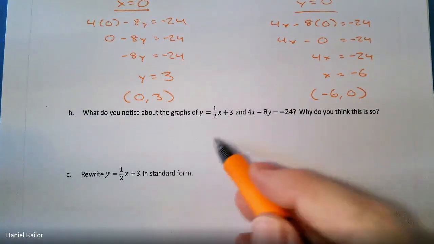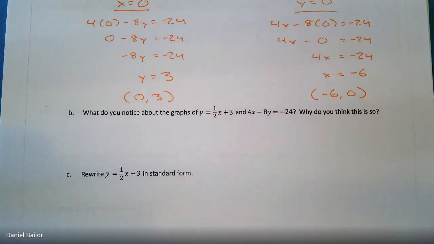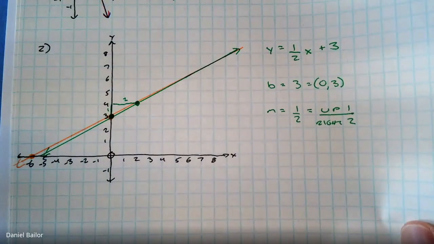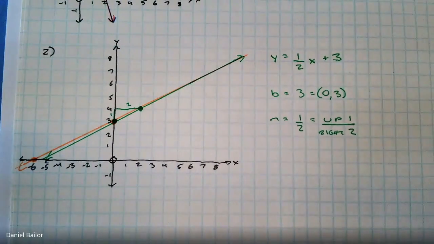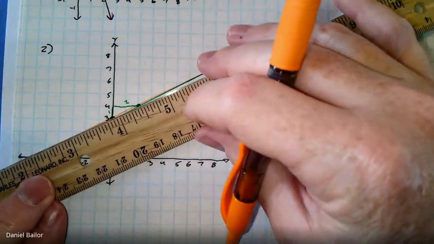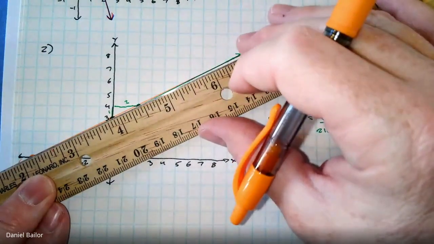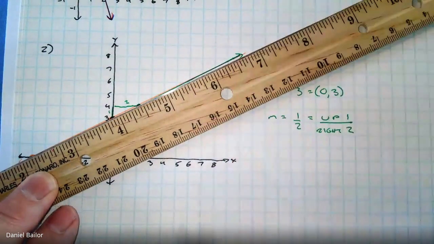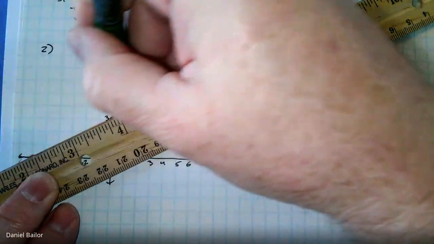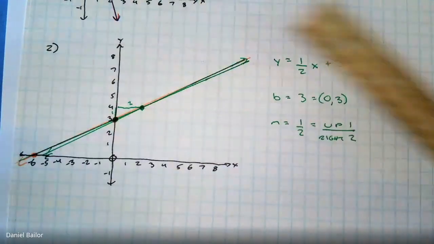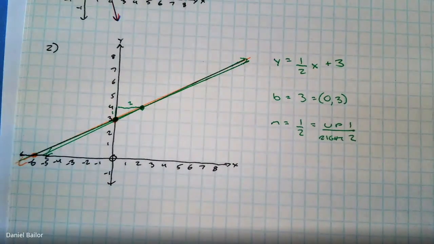What do you notice about these graphs? Well, looking at my graph, I'm thinking maybe I did not line up my points for my green line as precisely. I think one of the reasons is because I'm trying to make the points bigger so that you can see them on the camera. Because if I do it that way, then it looks more precise. I don't know. So it's hard to tell because I'm not being precise, and that's my fault.